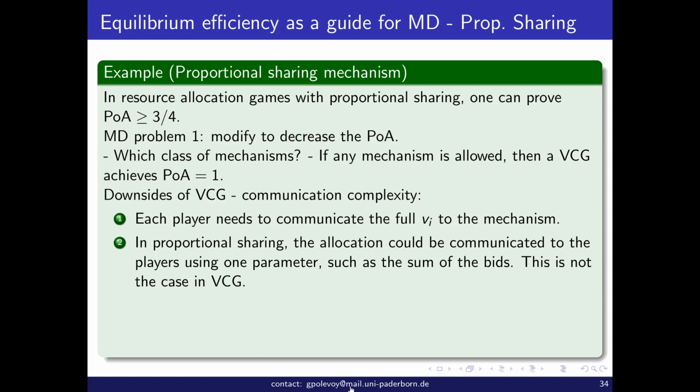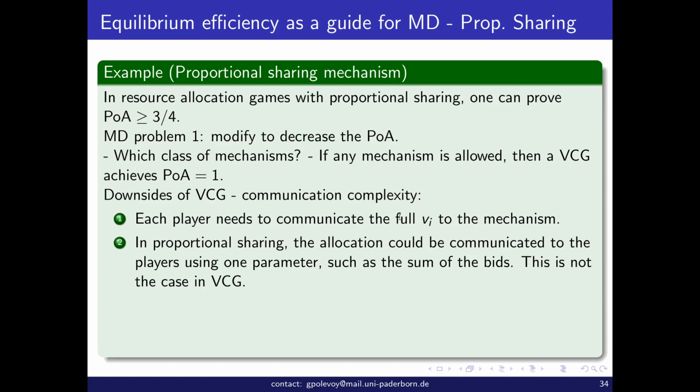Each player needs to communicate the full valuation function to the mechanism, and not only one number, which is the bid, but rather how the player values any real number which is smaller than the total capacity. So the player needs somehow to communicate all these functions.